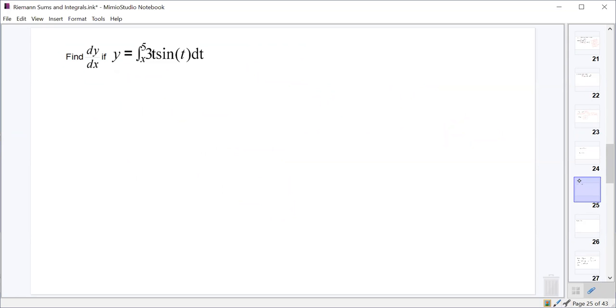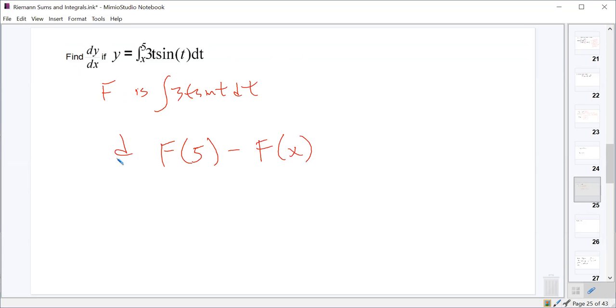If we want to find the derivative of the integral from x to 5 of 3t sine t, well, you don't know the integral of 3t sine t, I don't imagine offhand. We can say that capital F is the integral of 3t sine t dt. And so when we integrate this, we'd get capital F of 5 minus capital F of x, and then we'd be taking the derivative of that.